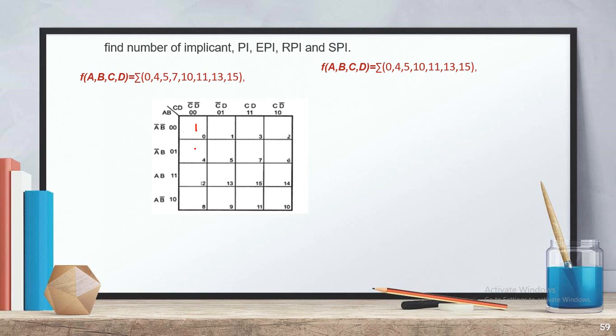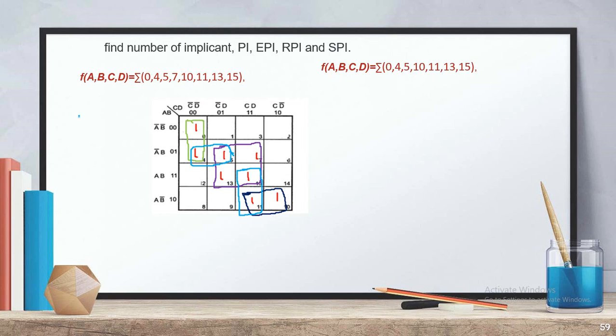Let's take an example of 0 4 5 7 10 11 13 and 15. In this example, first we can do all the possible groupings. The first groupings possible: this 4 number, this 10 and 11, and 0 4, in the same way 5 4, and 15 11.